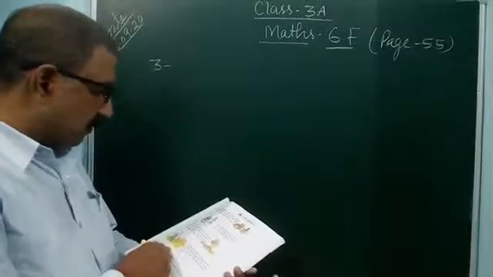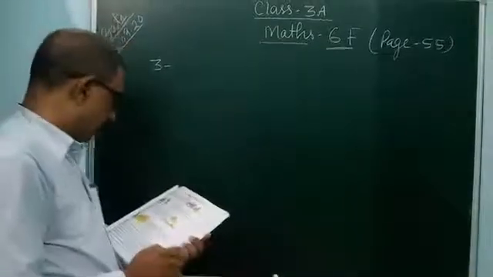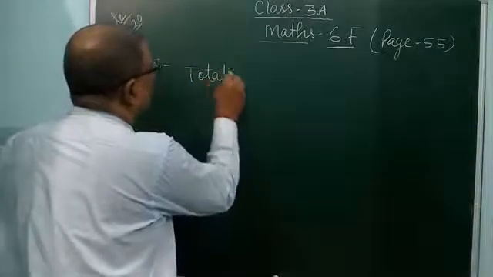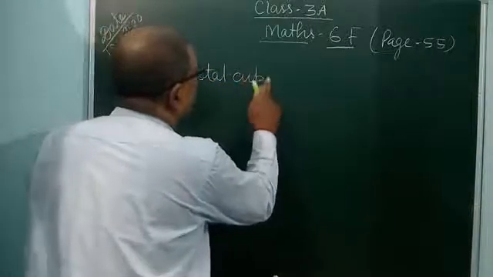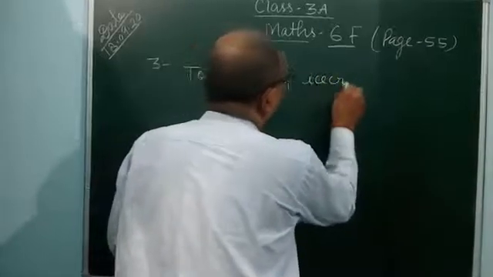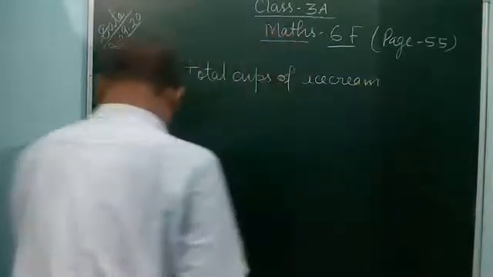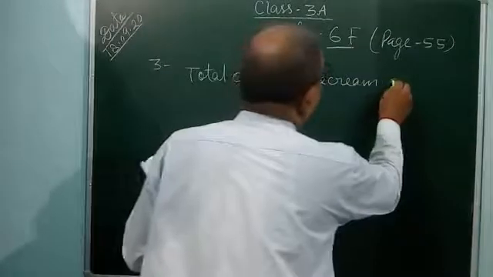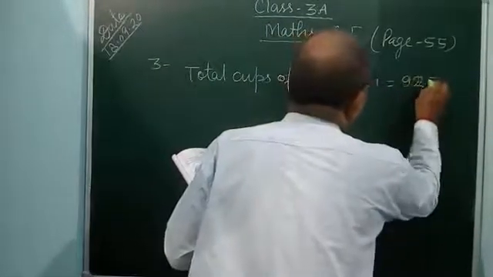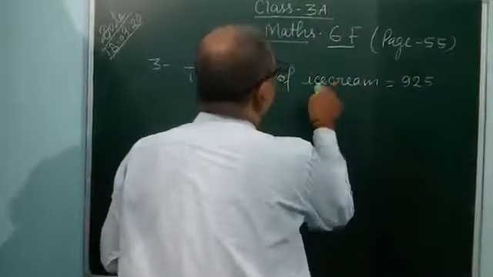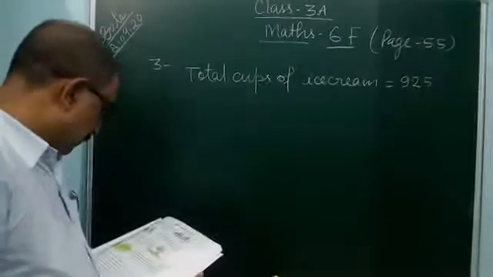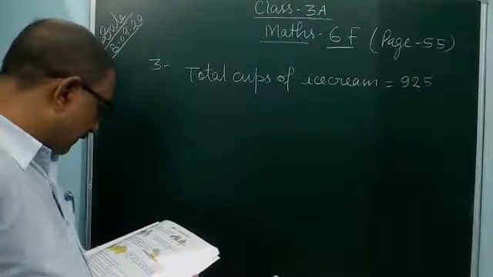Mr. Barua ordered cups of ice cream, meaning total cups of ice cream is equal to 925. At the end of the party, 189 cups were left.